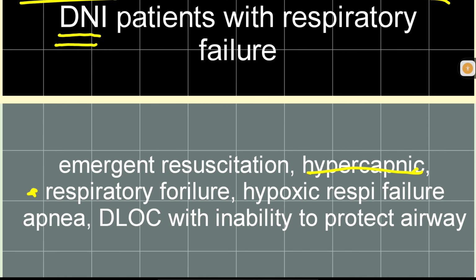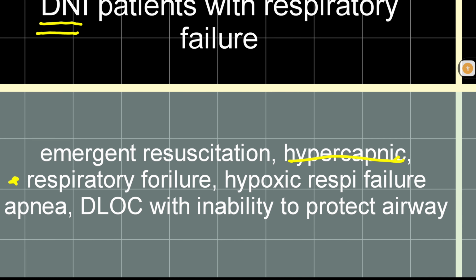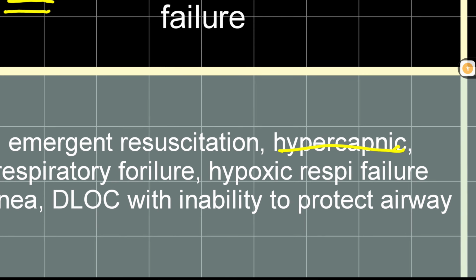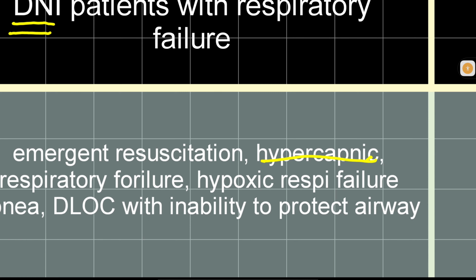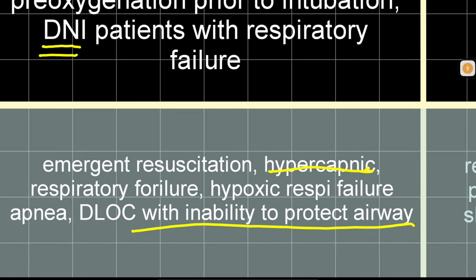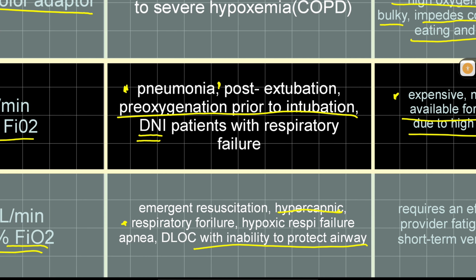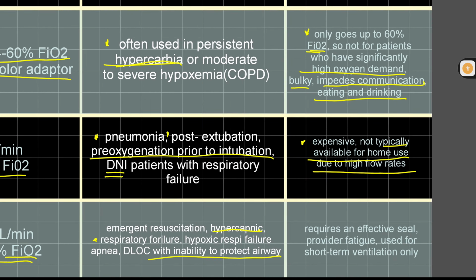It is also used for respiratory failure patients, hypoxic patients with signs of respiratory failure, apnea, decreased level of consciousness, and patients with inability to protect the airway, meaning your patient may have a decrease in level of consciousness from alert to pain or unresponsive, from GCS 15 to GCS 4, like that.